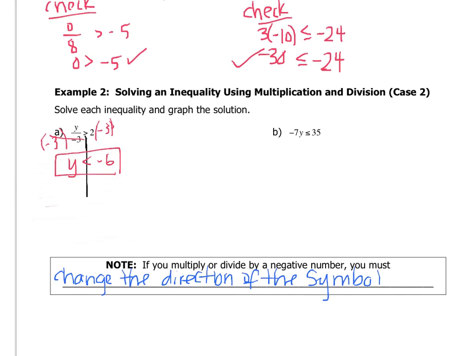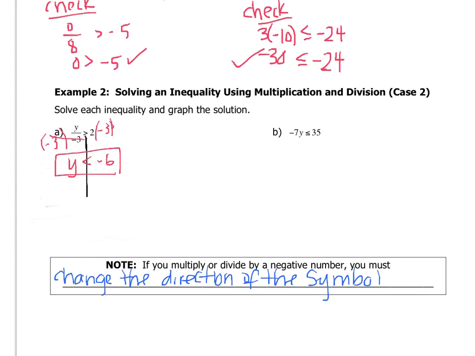And if you think about numbers that are negative, negative 1 is a pretty large negative number. But positive 1 is actually quite a small positive number. So when something's large in the negative universe, it's actually small in the positive universe. So that's why you have to change the direction of the symbol. And that only happens when you multiply or divide by a negative number. You never change the direction of the symbol any other time.